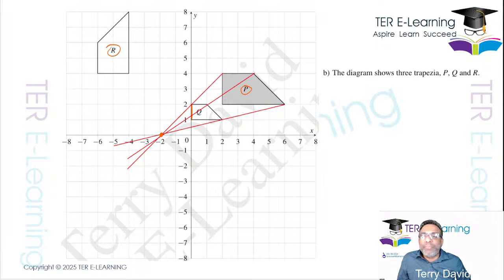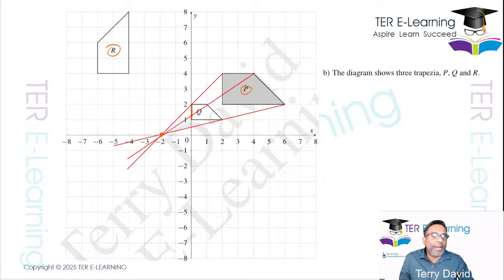What maps P onto R? A lot of people saying it's rotation, right?